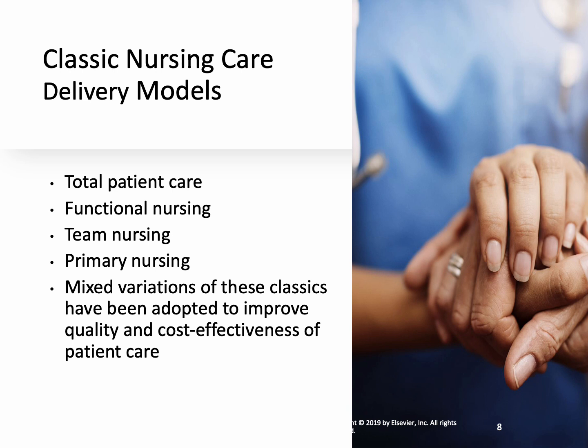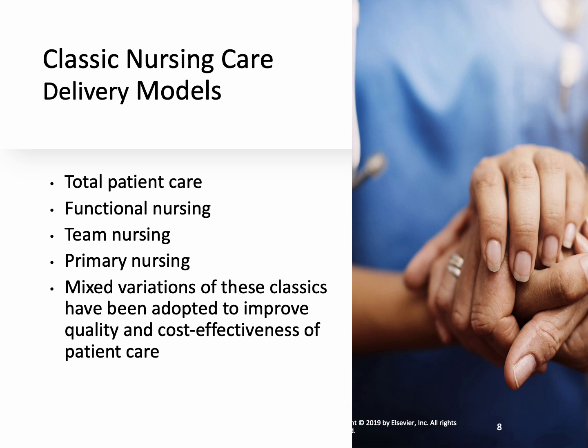The classic nursing care delivery models include total patient care, wherein one nurse is responsible for all aspects of patient care during their shift; functional nursing, which means each nursing staff member is assigned specific tasks based on their skill set; and team nursing, a team led by a registered nurse who provides care but also delegates tasks according to each member's expertise.